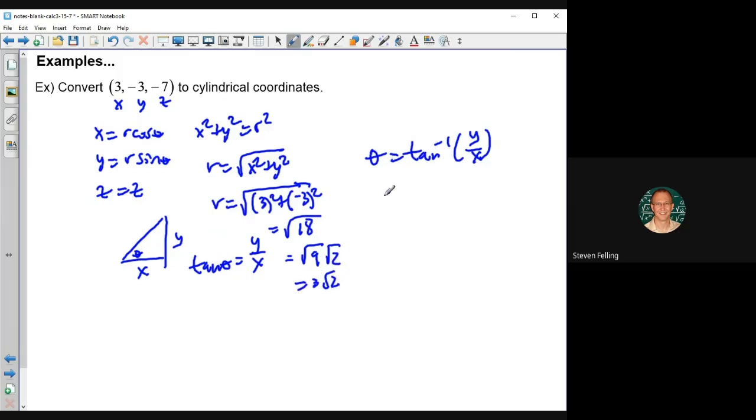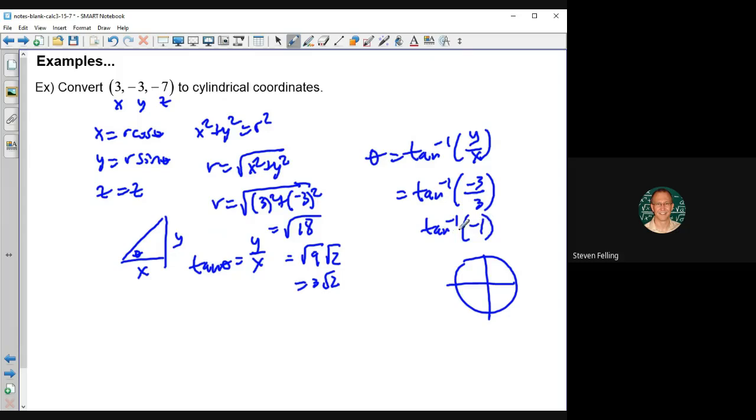And then for the angle, it's going to be the inverse tangent of y, which is negative 3, over x, which is 3. So the inverse tangent of negative 1. So thinking about a unit circle here, where is the tangent negative 1? So we're really saying that the tangent of some angle is equal to negative 1.